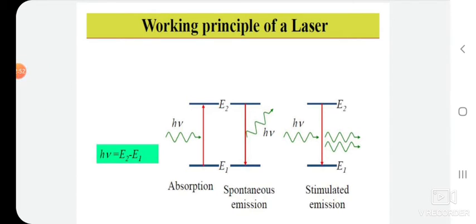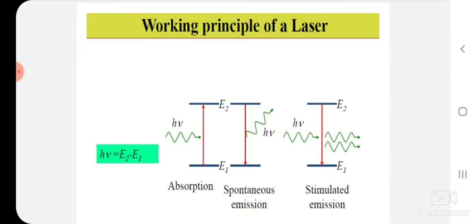So if we see this figure, when an electron is in a ground state having energy E1, that ground state electron absorbs energy from photons having energy E equal to h nu.